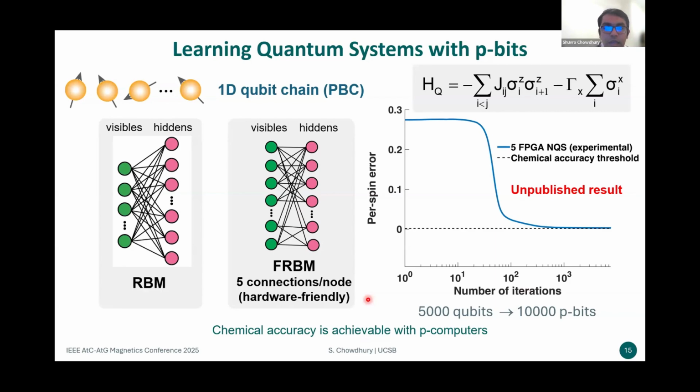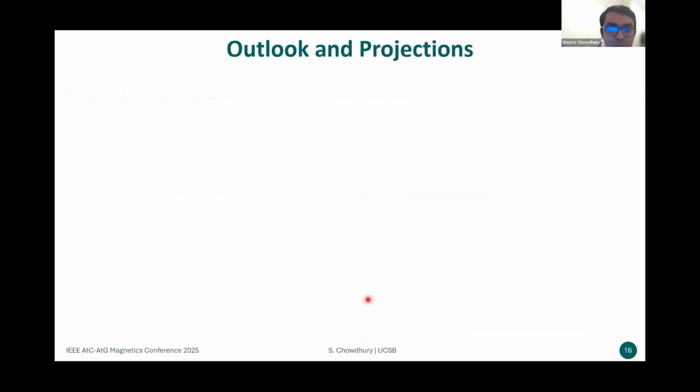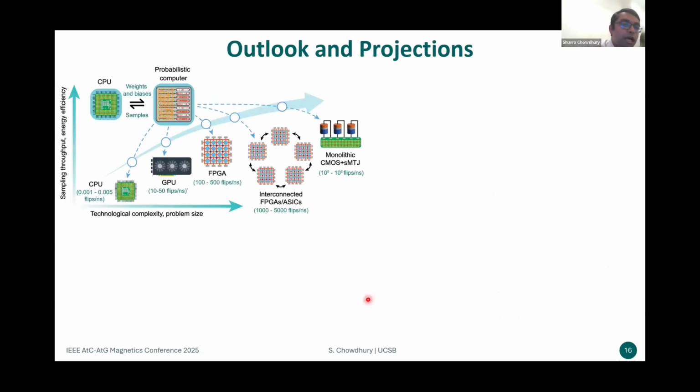So finally, I'll probably take 1 or 2 minutes. This is my last slide, which is the outlook and where we are going. This is the technology roadmap, showing where the P computer is going. The P computer is supposed to work in a hybrid setup with a CPU, and as I said in the beginning, there are many ways to do this.